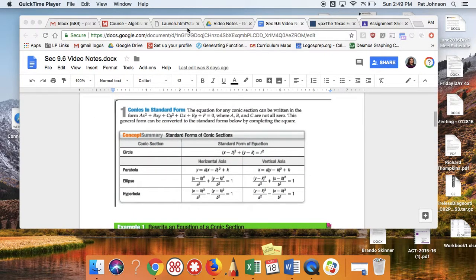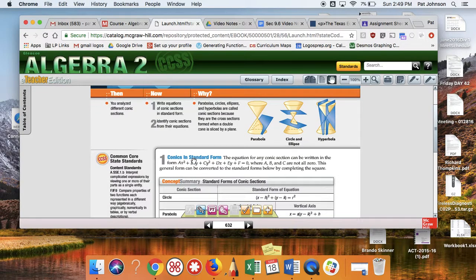An equation for a conic can be written in the form ax squared plus bxy plus cy squared plus dx plus ey plus f equals 0, where a, b, and c are not all zeros, and this is called the general form that we can convert to standard form by completing the square. Now it's important to know that a, b, c, d, e, and f are constants, or real numbers.